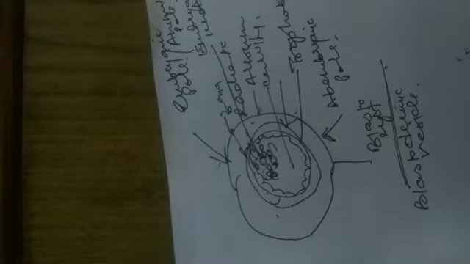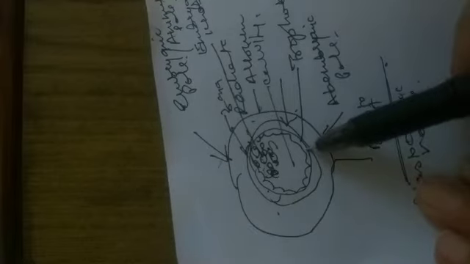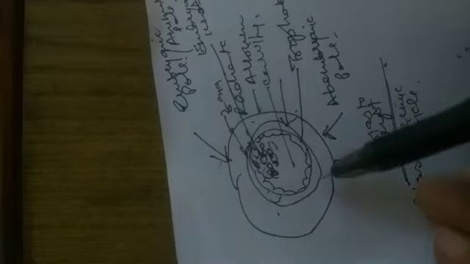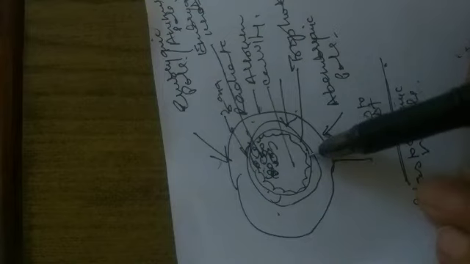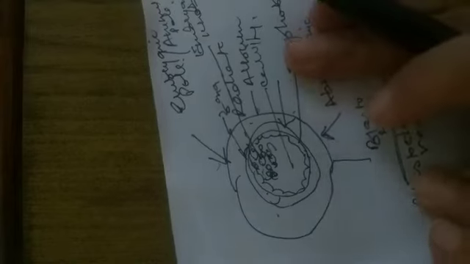Is that fine? So the trophoblast was earlier called the subzonal layer of cells. Now the terminology has changed, and these are respectively called the trophoblast and the embryonal knob.